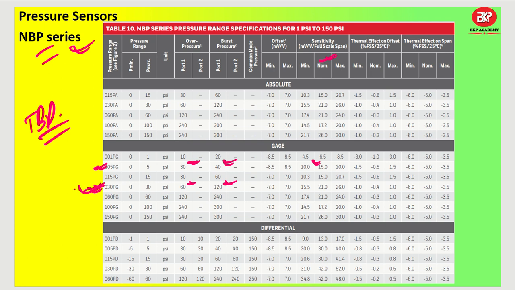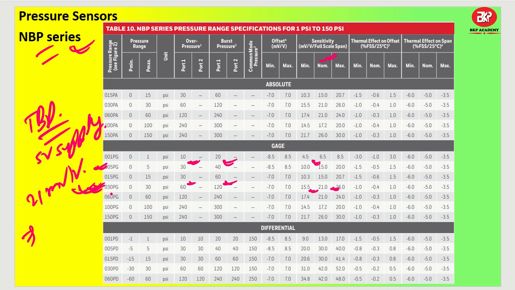As we were talking about 30 psi, you can see the output is almost 15.5 minimum and 21 nominal. So 21 millivolt per volt nominal. Let's say a 5 volt supply is there and it is giving you 21 millivolt per volt.